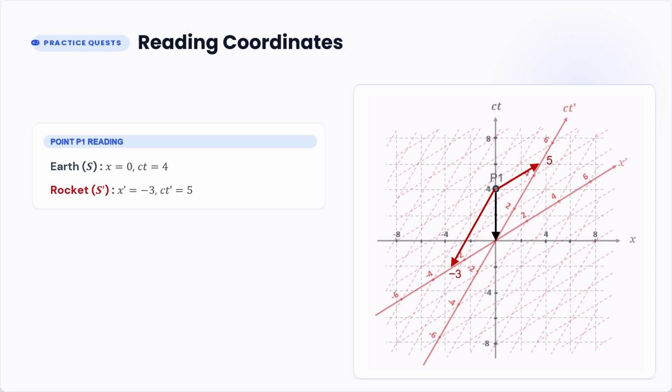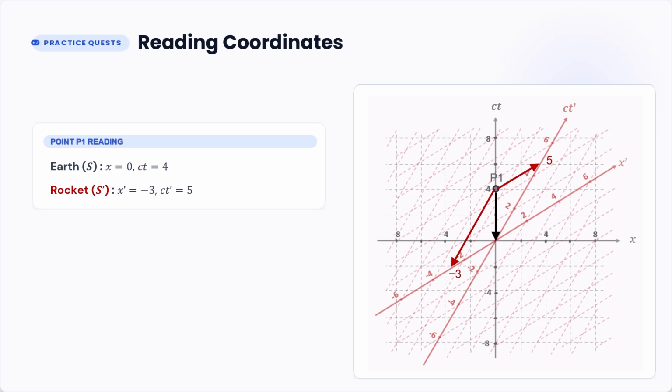Since the rocket passed Earth at t equals 0, an event happening on Earth appears behind the rocket, at a negative position. We can calculate the exact numbers using Lorentz transformation equations later, but for now, if you can visually read this from the graph, you get a full score.